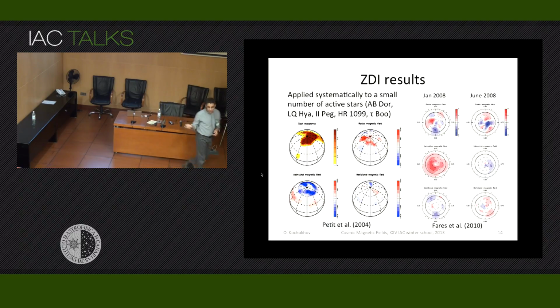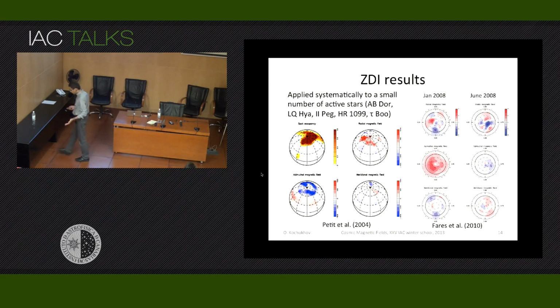One of the first stars observed to change polarity was Tau Boo, an F-type star with a close-in planet, and you see radial, azimuthal, and meridional fields, but now the projection is pole-on. So you see the star from the pole, and this thick line corresponds to the equator. The authors say that between these two observing sets, the predominant field polarity has changed. And indeed, there are more maps published in their paper, and maps shortly before and after look quite similar to these ones. So the star changes polarity.